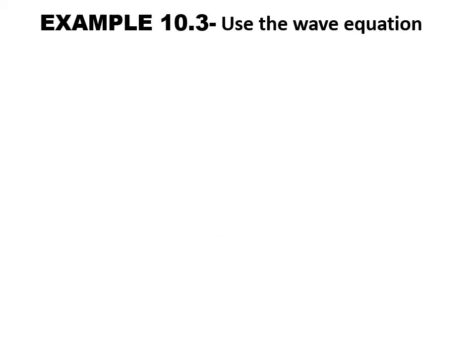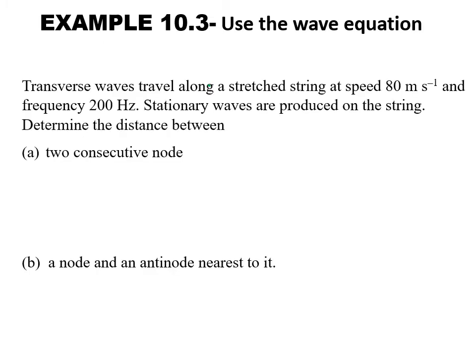Okay, let us use the standing wave equation based on example 10.3. A transverse wave travels along a stretched string at a speed of 80 meters per second and the frequency given is 200 Hertz. You need to determine the distance between two consecutive nodes and between a node and an antinode.